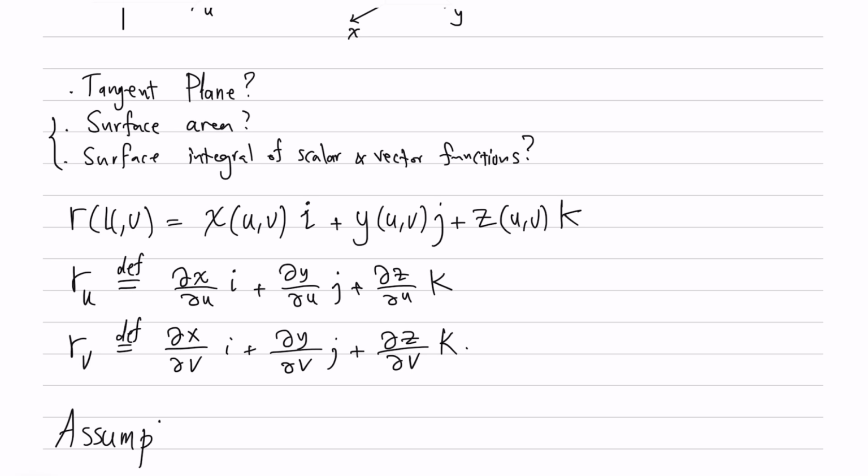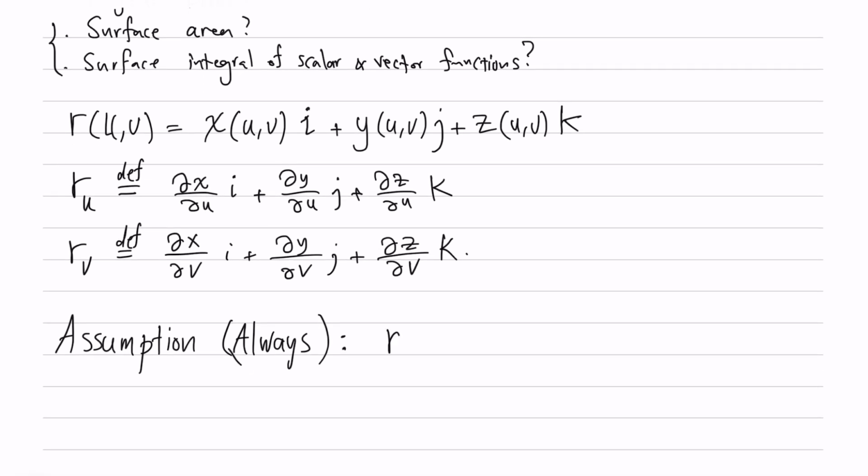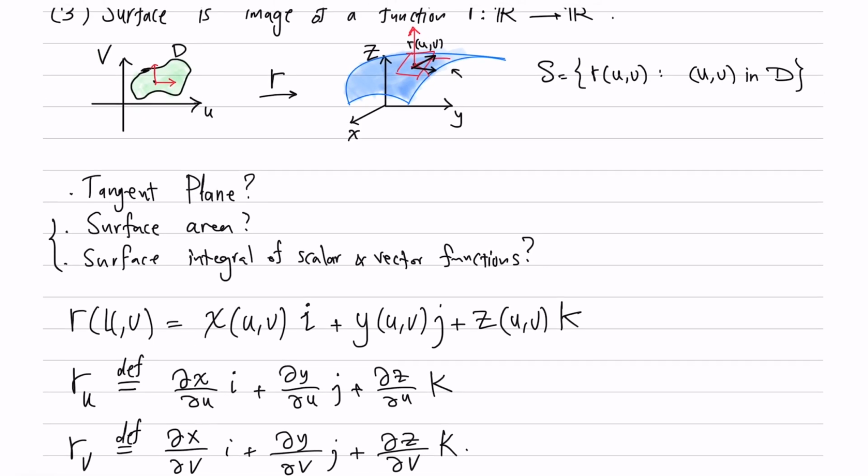We always assume implicitly, even if not emphasized, that R_u and R_v are non-zero. First of all, none of them is 0, and they are non-parallel. They are not pointing in the same direction, and we know from the picture it's obvious why this is avoided, because otherwise the two vectors wouldn't identify a unique plane.